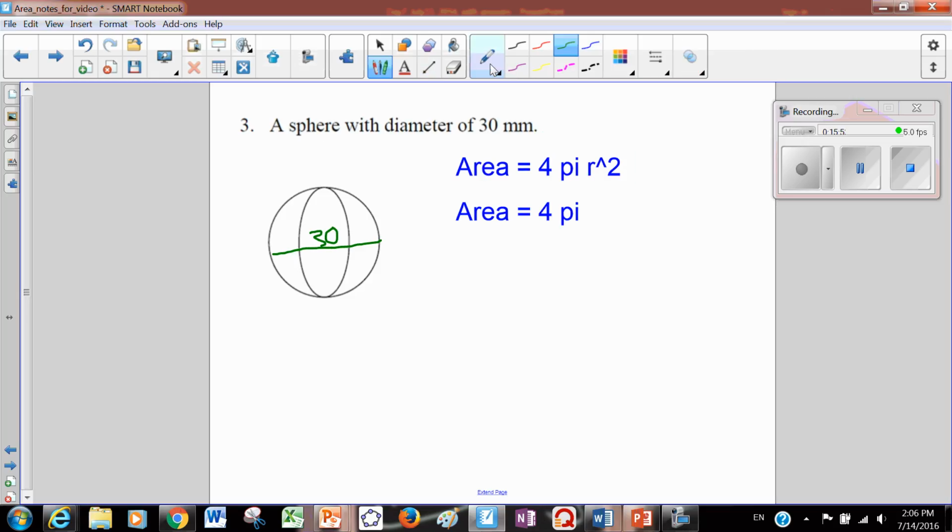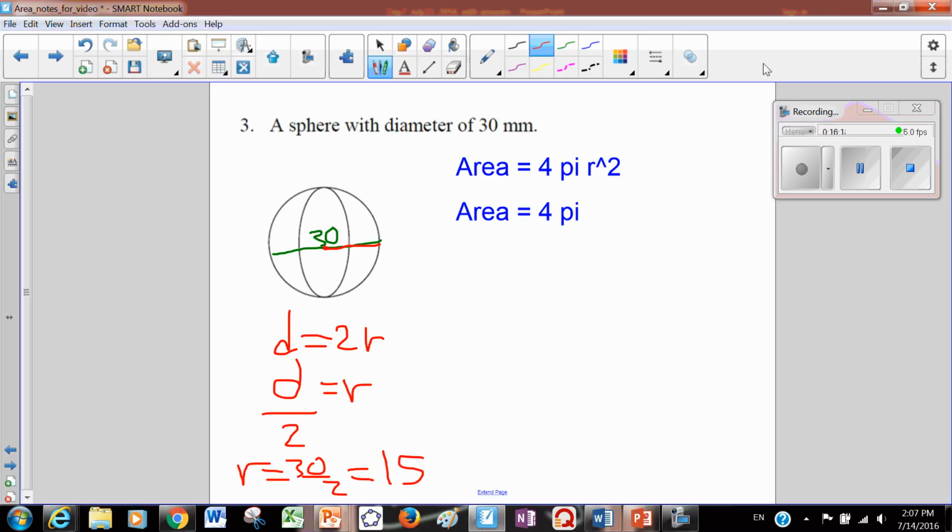Well, you have to check here. The radius starts from the middle and goes here. So if we have the diameter that equals 2 times the radius, that means the radius is equal to the diameter divided by 2. So in this case, we would do 30 divided by 2, which equals 15. That would be our radius.